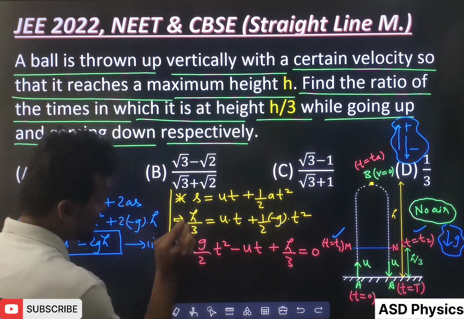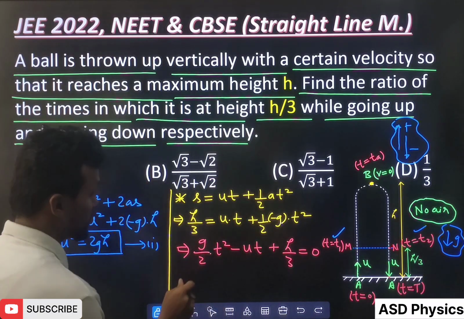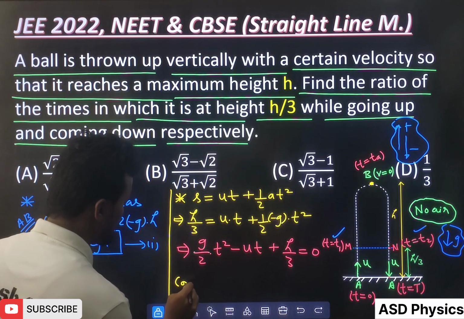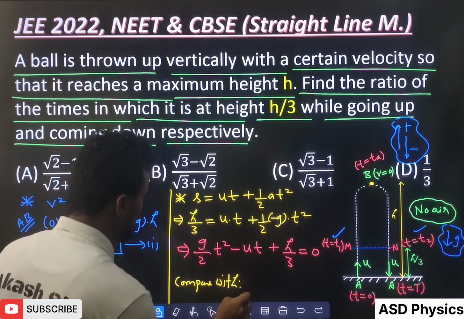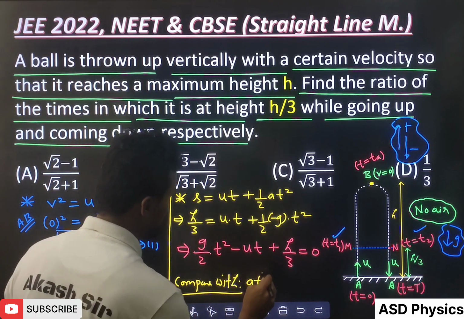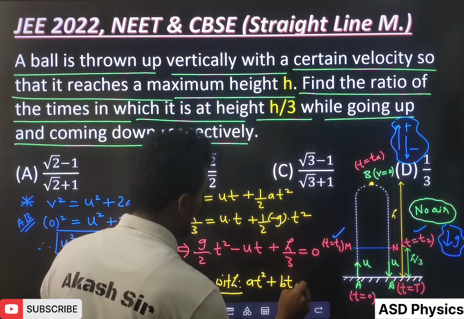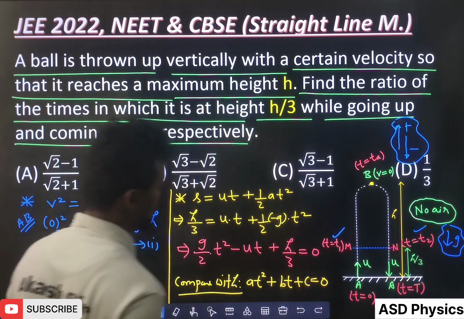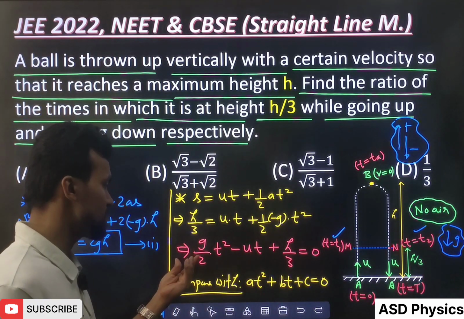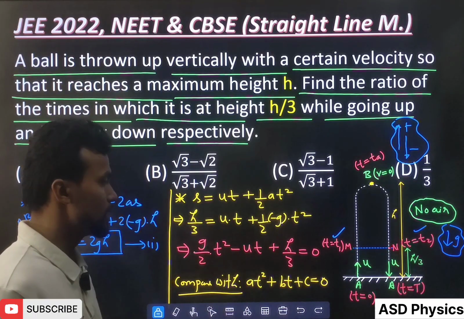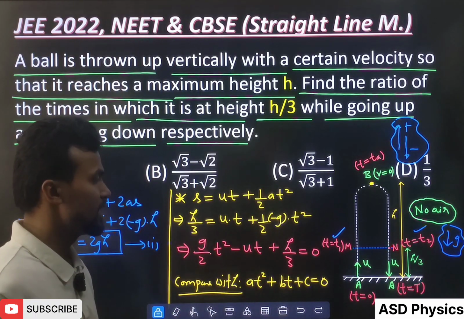Now this equation I have got, I am going to compare with the standard quadratic equation. What is the standard quadratic equation? See, at square plus bt plus c equal to 0. So from there I will get the value of a as g by 2, value of b as minus u, and value of c as h by 3.